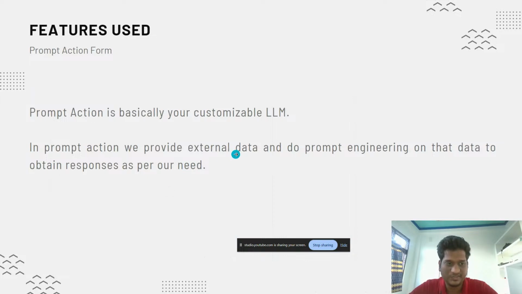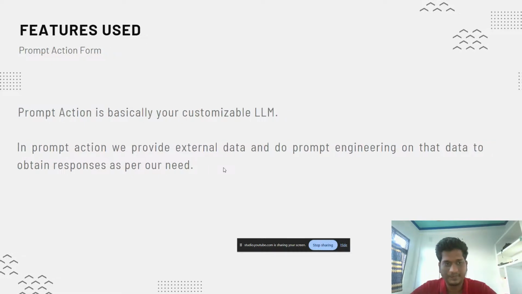In this, you customize your LLM, where in the action you provide the external data from which the chatbot would craft its responses, and you do prompt engineering on that data so you can get the responses as per your need.